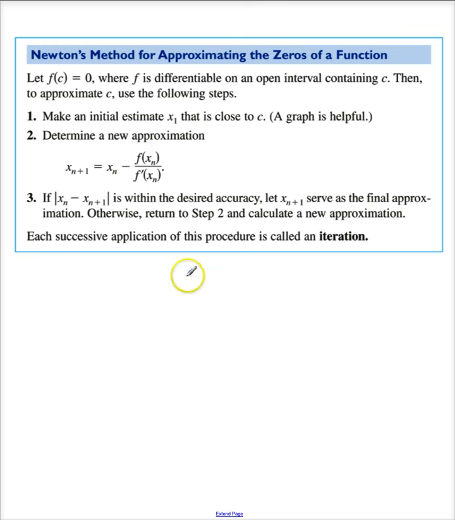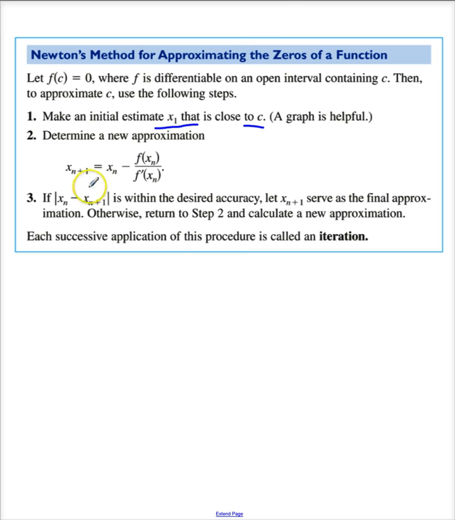Now here are some steps for doing Newton's method. The first thing you really need to show is that it's positive on one side and negative on the other side of C. And then make an initial estimate close. Here a graph will help. Oftentimes you'll be given it. Now find the next approximation. So for x1, it'll be your initial point minus f divided by f prime.